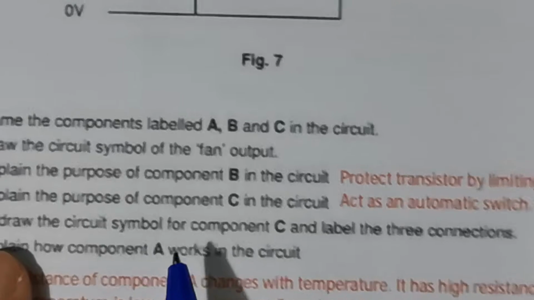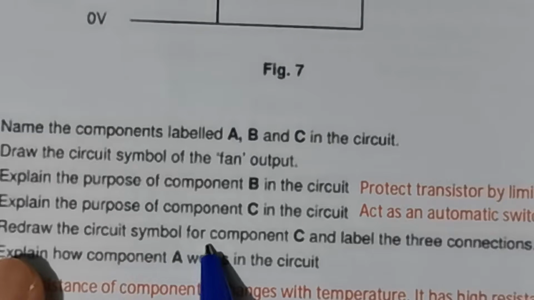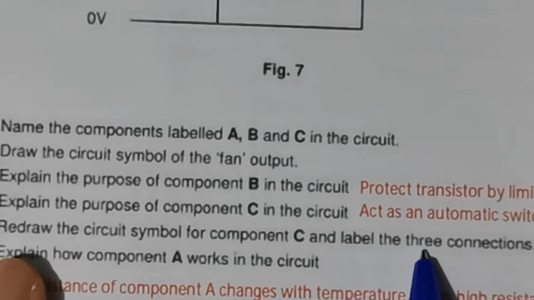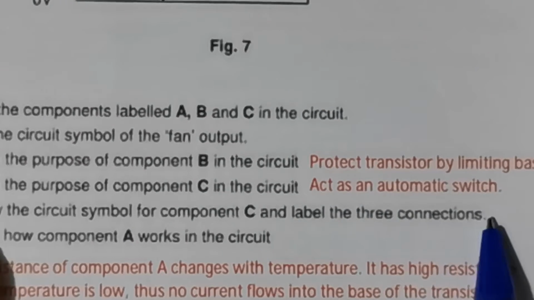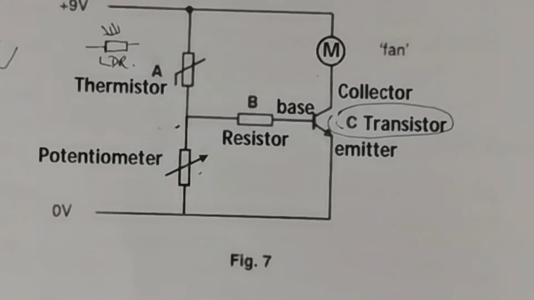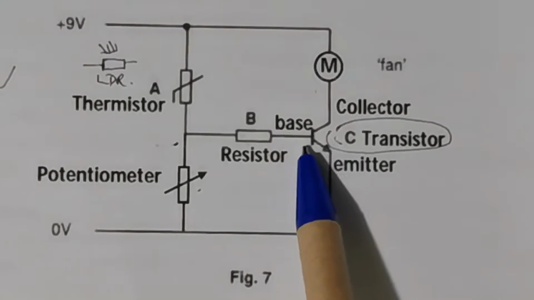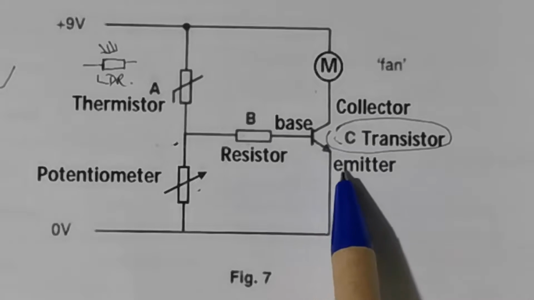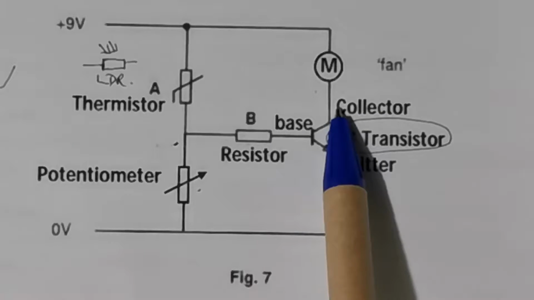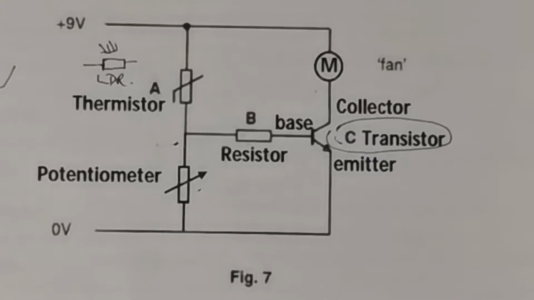Then they ask you to redraw the circuit symbol for C and label the 3 connections. Basically, there are 3 terminals down here. For the transistor, you have a base. The one with the arrow is the emitter. Then the other one is the collector. How to draw?